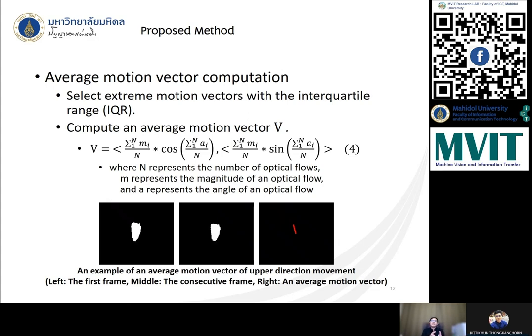In the pictures we captured here, the first picture is the first frame and the second picture is the consecutive frame. We want to calculate the motion of the tongue between the two frames. The output in the last picture, in red, represents the direction and the magnitude of movement that we get from the average vector of the optical flow.